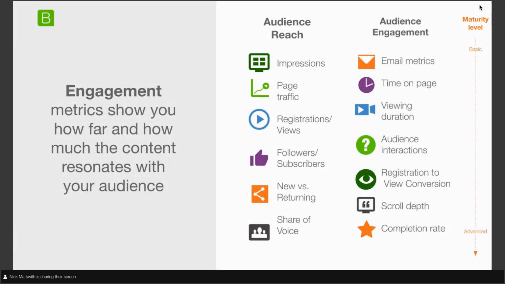Engagement. I think this is probably one of the biggest, and probably one of the things that marketers think of most outside of performance. But how your audience is resonating and interacting with your content, and how they found your content, are all really important metrics to be exploring. So I've split engagement into two different buckets.